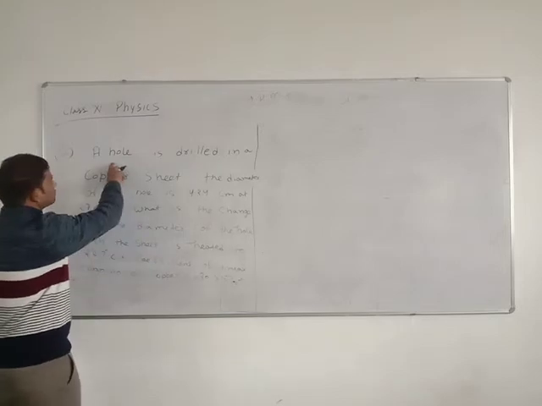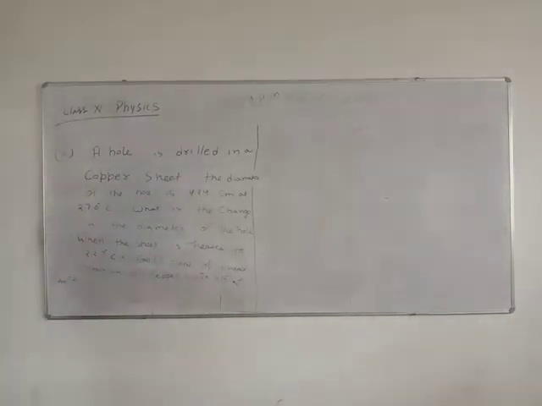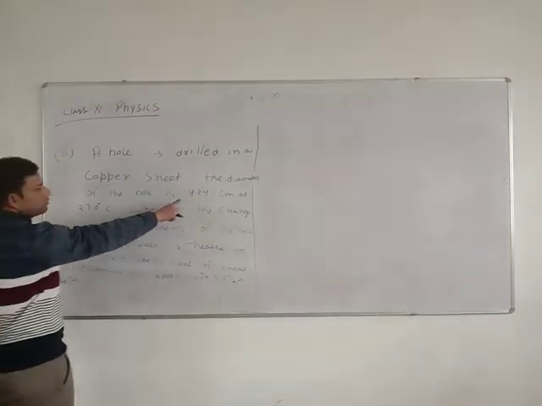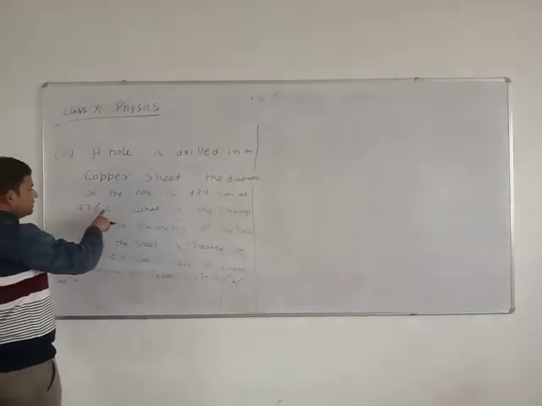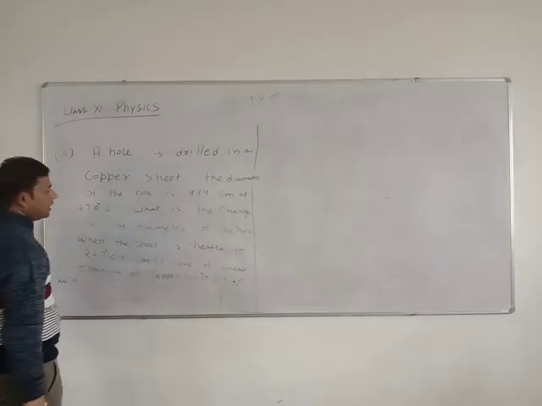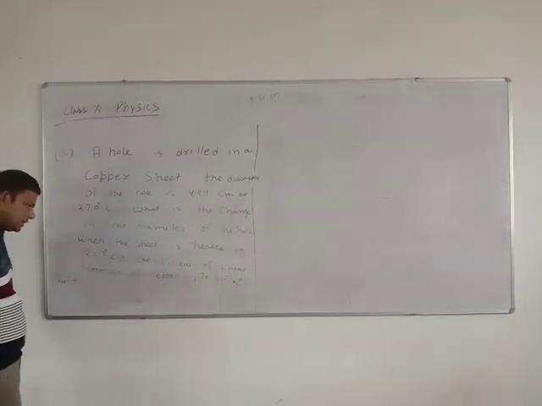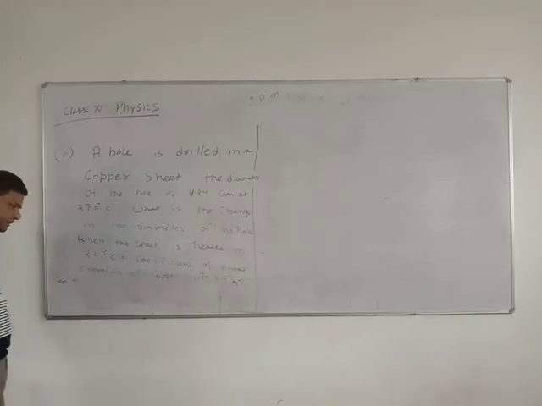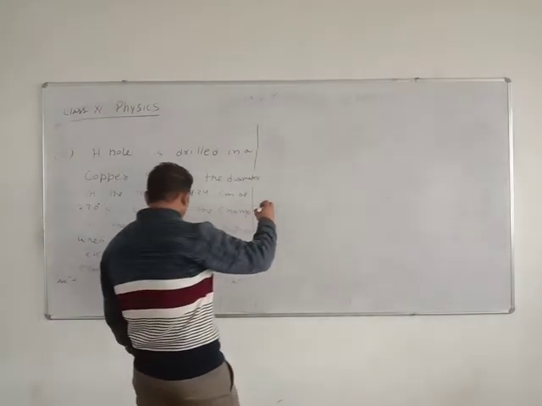Students, we start the next question. A hole is drilled in a copper plate. The diameter of the hole is 4.24 centimeter at 27.0 degree centigrade. What is the change in diameter of the hole when the plate is heated to 227 degree centigrade? The coefficient of linear expansion is 1.70 into 10 to the power minus 5.